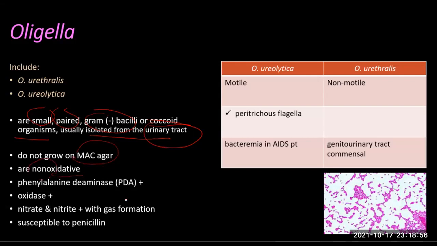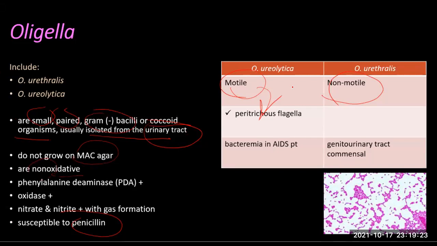They are positive for PDA and oxidase, and also nitrate and nitrite with gas formation, and they are susceptible to penicillin. To differentiate ureolytica and urethralis, ureolytica is motile with peritrichous flagella, while urethralis is not motile.